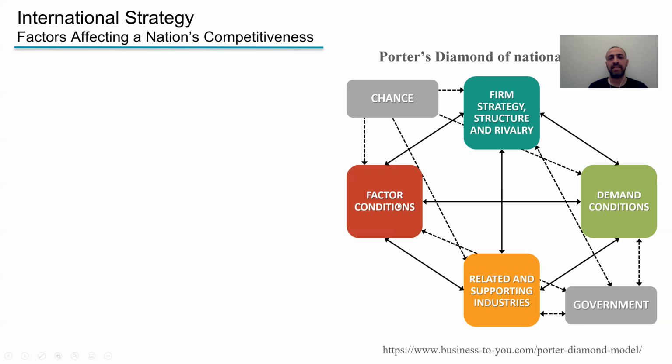And the last one is factor conditions, factor endowments, labor, capital. You have no control over them, but you have to evaluate them completely, monitor them, scrutinize them, and make sure that those factors are not out of your hands.